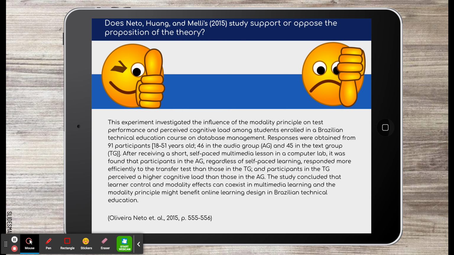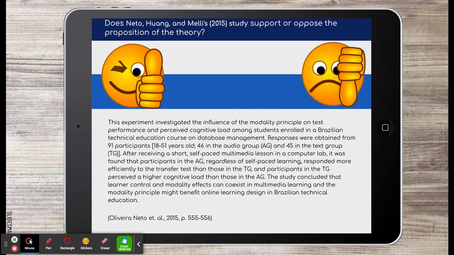This experiment investigated the influence of the modality principle on test performance and perceived cognitive load among students enrolled in a Brazilian technical education course. They had a text group, and they had an audio group.